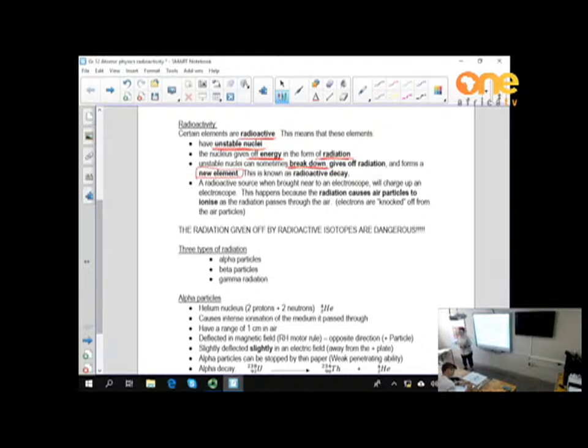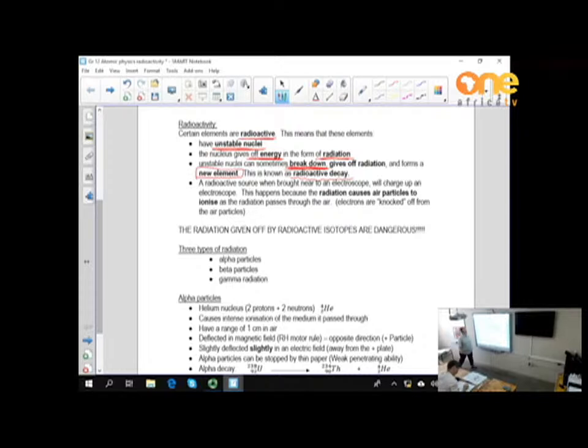But for example, uranium, which is radioactive, gives off energy, and it keeps giving off energy until eventually it ends up as a very stable element, lead. So sometimes, not always, pieces of the nucleus break off and we end up with a new element. This change from one element to another is known as radioactive decay, the decay process.